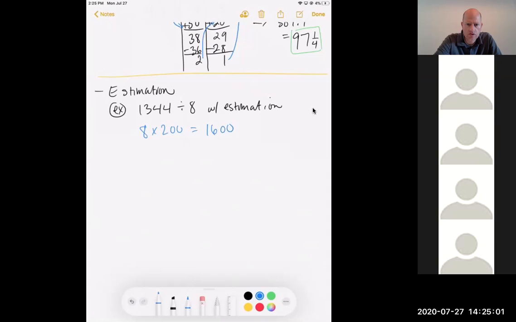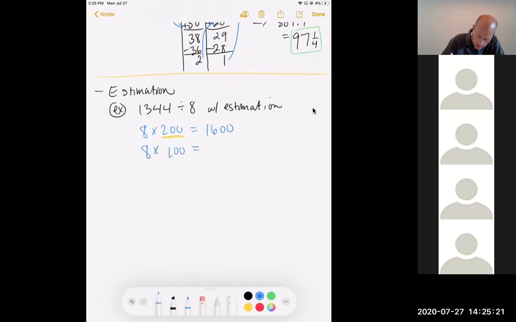We do 8 times 200, we get 1,600. And that's too big. So the answer to this is not quite 200. Okay, this is the number that we're looking for. So let's go down a little bit.